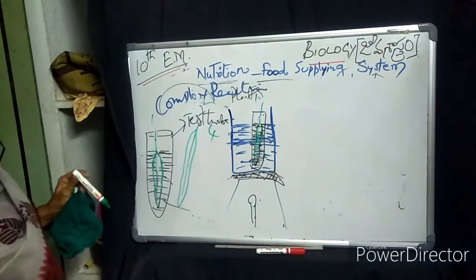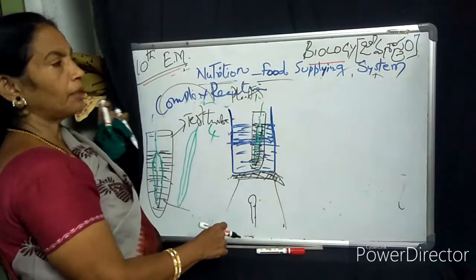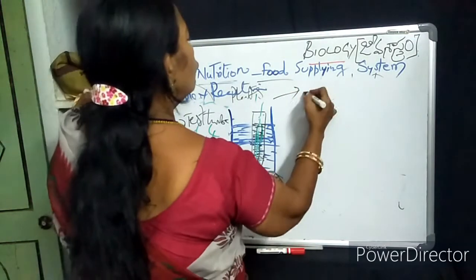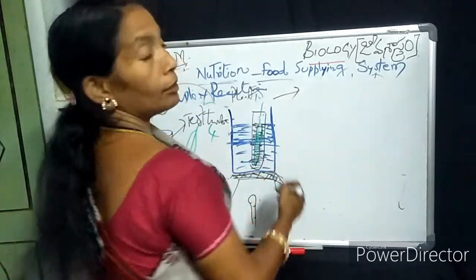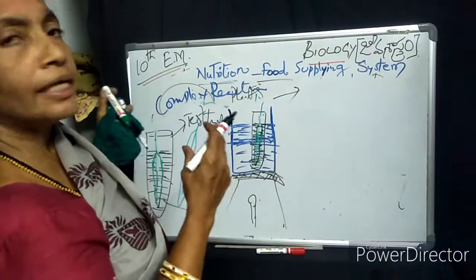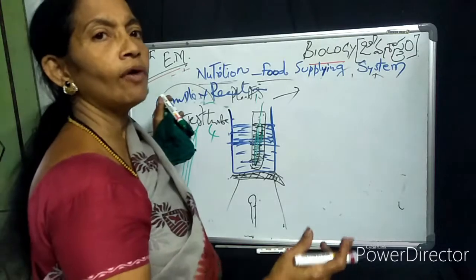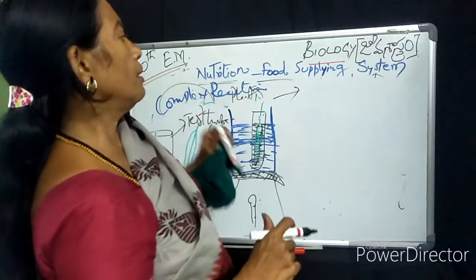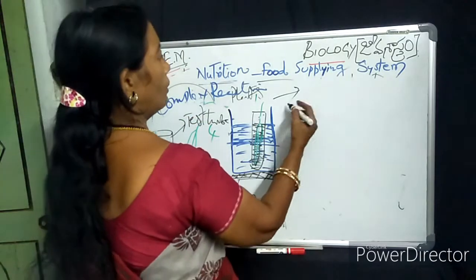So this is the apparatus we have prepared for the test. What are we testing now? The food, that is the end product of photosynthesis. What is the end product of photosynthesis? It is what these green plants or green leaves have prepared in sunlight with the help of carbon dioxide, water, and chlorophyll.